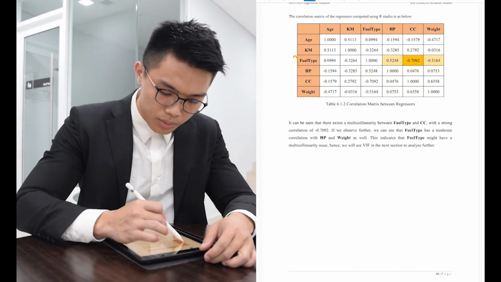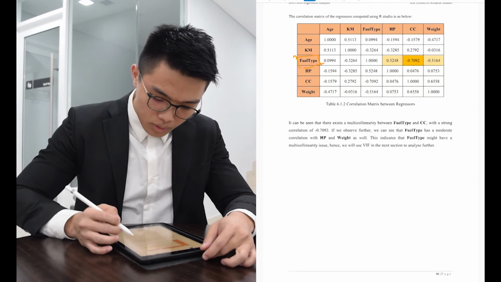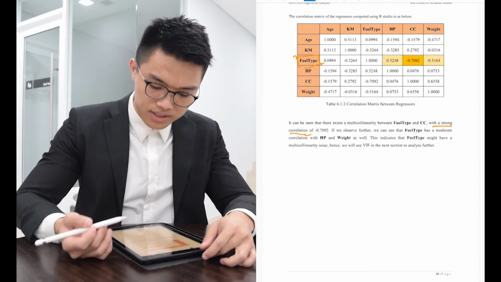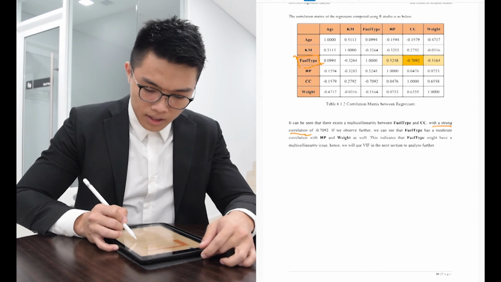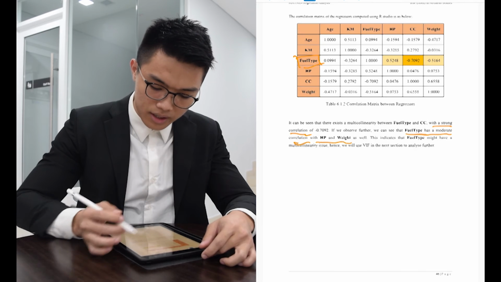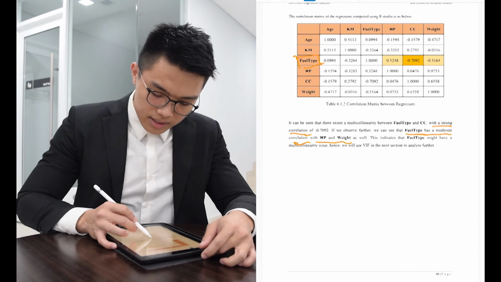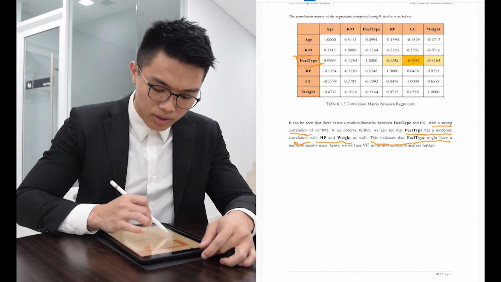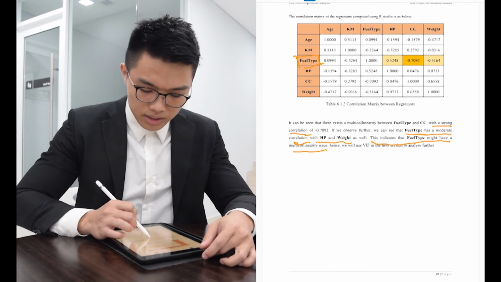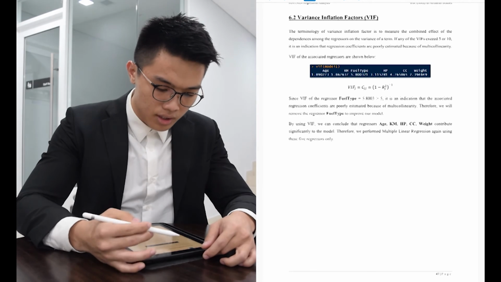In this table, we can see that the fuel type has a strong correlation of 0.7 with CC, and the fuel type has a moderate correlation with HP and weight as well. This indicates that the fuel type might have a multicollinearity issue. Hence, we will use VIF in the next section to analyze further.